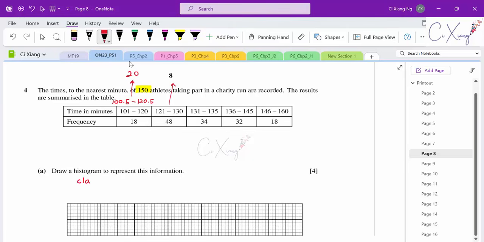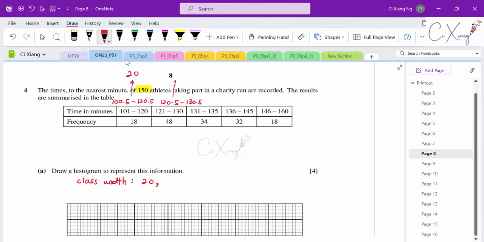To draw the histogram, because we have different class widths, first of all I want to list out all the different class widths. So what are all the class widths in my table? The first class, like what I showed you here, is 20. Same thing for the second class. If I adjust it to class boundary, I have 120.5 to 130.5.